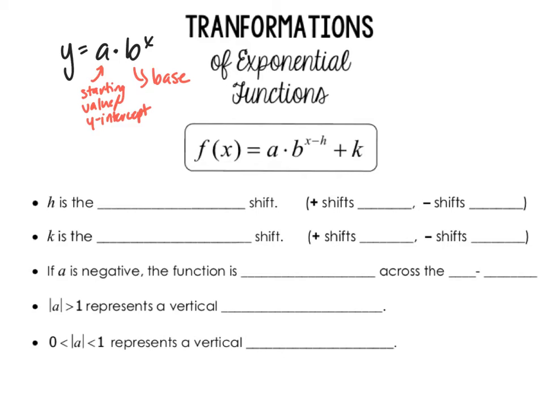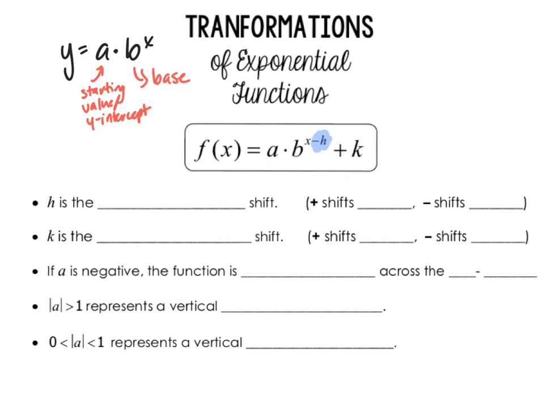So if you notice, there's that function that I just showed you, y equals a times b to the x, but there's a bunch of little extra things put in there. So the first thing we're going to talk about is the extra thing that's added on or actually subtracted from here, which is our h.